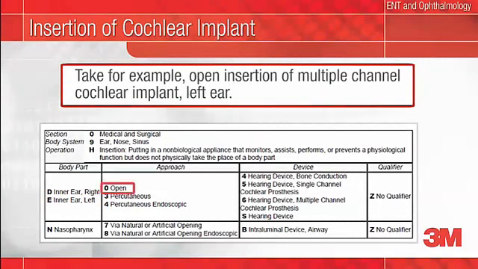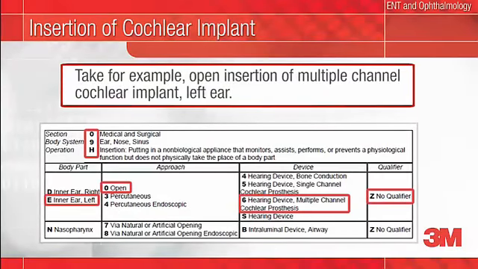The approach selected is open. Character 6 in the device column specifically identifies the multiple channel cochlear implant. It is important that the type of the device you insert is documented in the medical record. There are no qualifiers for this procedure, so character Z is selected. The resulting code for the procedure is 09HE06Z.